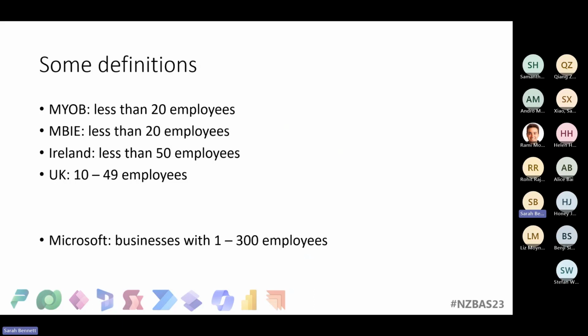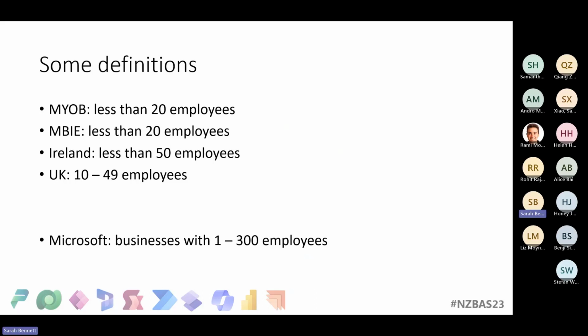Something that's interesting for me is that for Microsoft, and I've got a link to where they say this, a small business is one that has up to 300 employees.